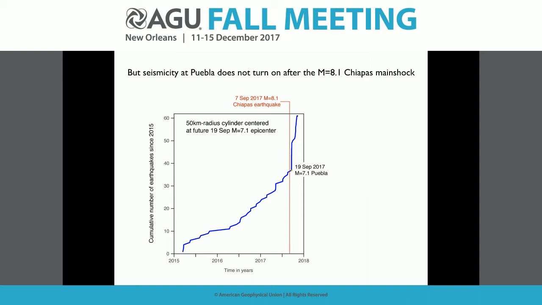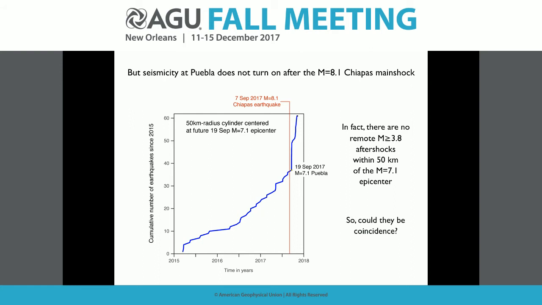But we don't see any evidence of triggered small events in the period between the Chiapas and the Puebla events. So we don't have any increased seismicity due to the passage of the seismic waves.